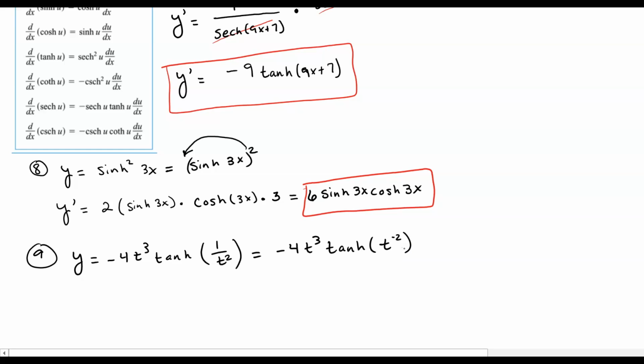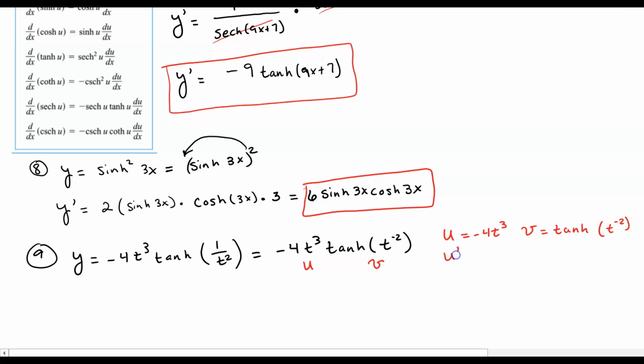Okay, but other than that, we should start seeing we have a product rule that we're going to apply. So when we look at the product rule, I'm going to write u and I'm going to write v. So u is negative 4t cubed, v being the tanh of t to the minus 2.